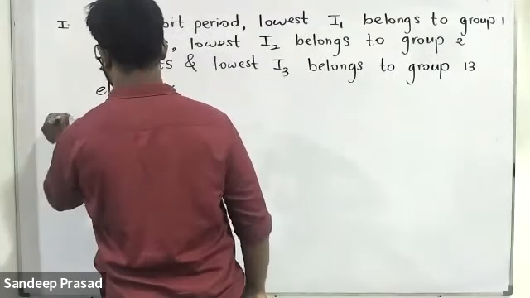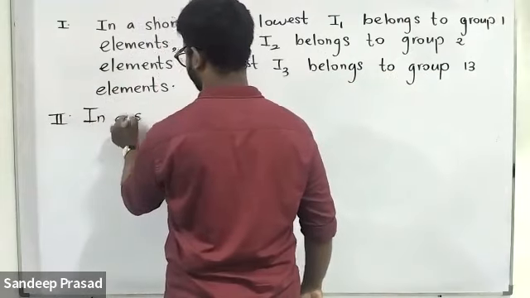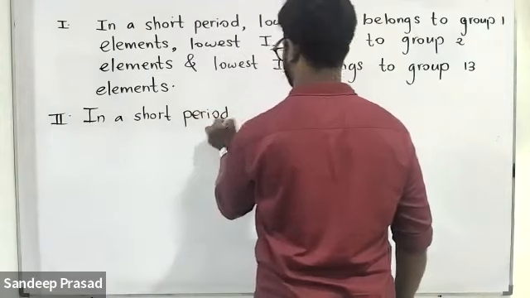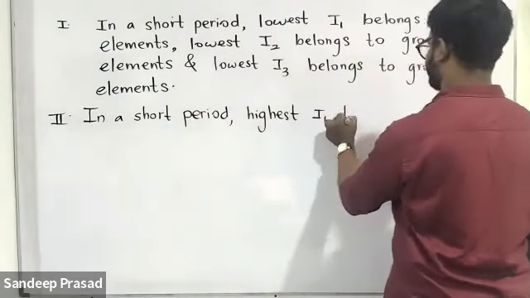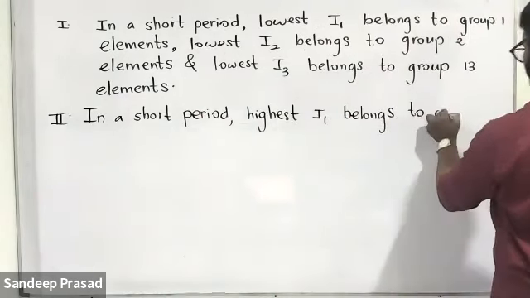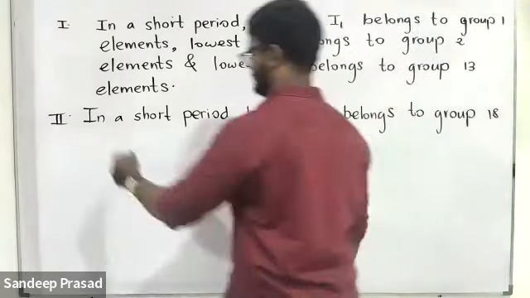Second point, in a short period, the highest first ionization energy belongs to group 18 elements.